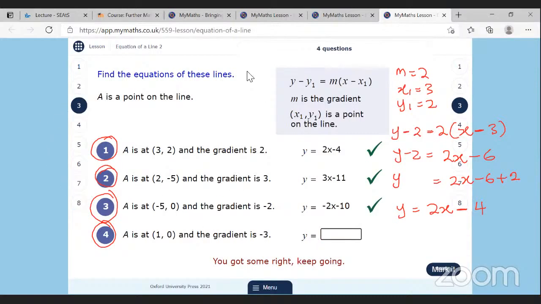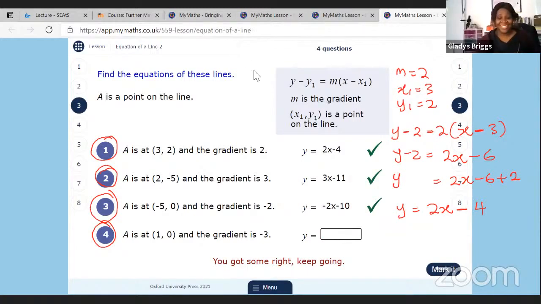Nobody. Everybody's quiet. Should we try it together then? Okay, so m is what? Negative 3. And x1 is 1. And y1 is 0.